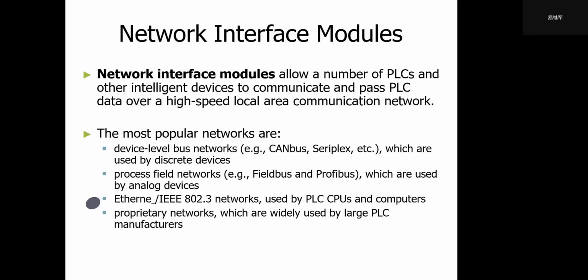The most popular networks are device level bus networks, which are used by discrete devices, and process field networks, which are used by analog devices. Then there is the Internet network used by the PLC CPU and the computer.